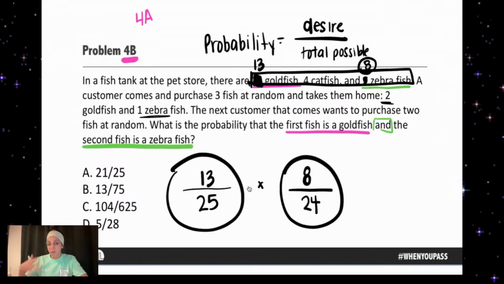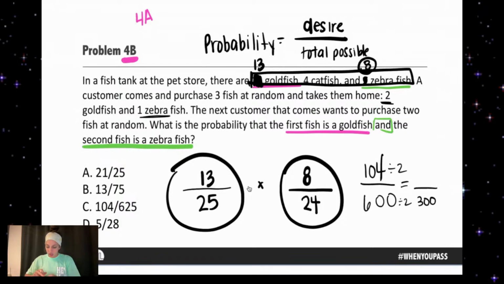Now I just do basic fraction multiplication. 13 times 8 is 104. 25 times 24 is 600. But I can simplify that. I can divide those both by 2. 600 divided by 2 is 300. 104 divided by 2 is 52.